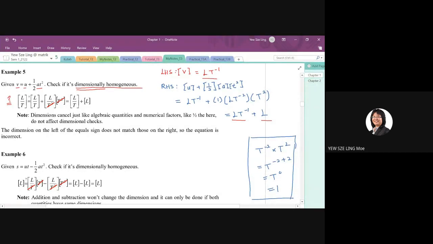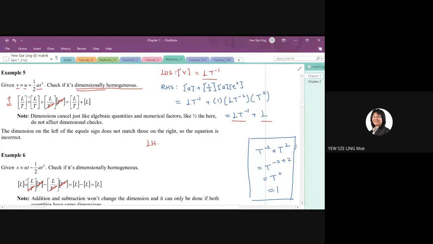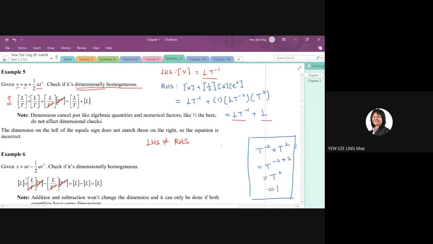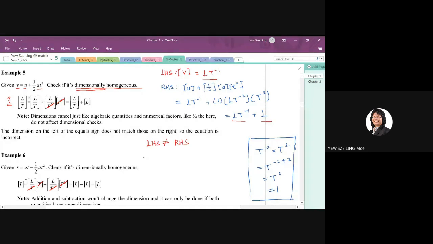Left-hand side, you have only LT negative 1. Right-hand side, you have LT negative 1 plus L. So in this case, you can make a conclusion that left-hand side is not equal to right-hand side. Therefore you can now come to the conclusion that they are dimensionally not homogeneous.